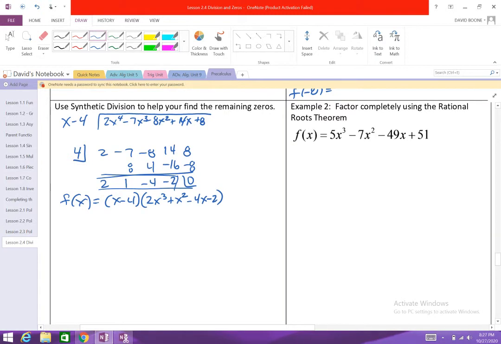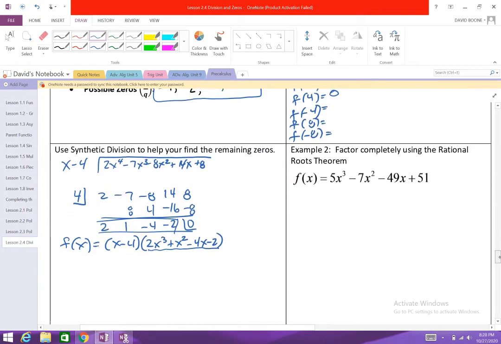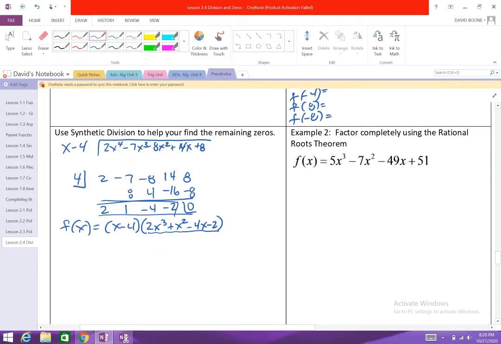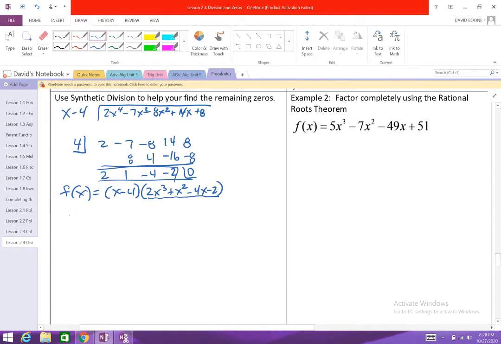Then what we're going to do is take this part right here. And I know from above that x minus 1/2 was another factor. So knowing that that's a factor, I can take this -1/2, box that in, and factor it into this piece to see if I can break that down for another factor.